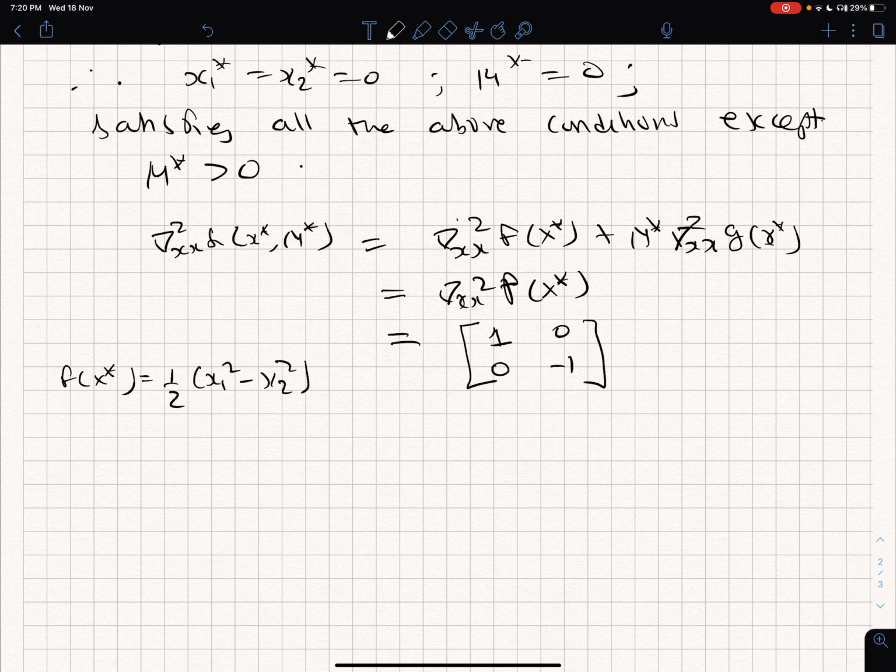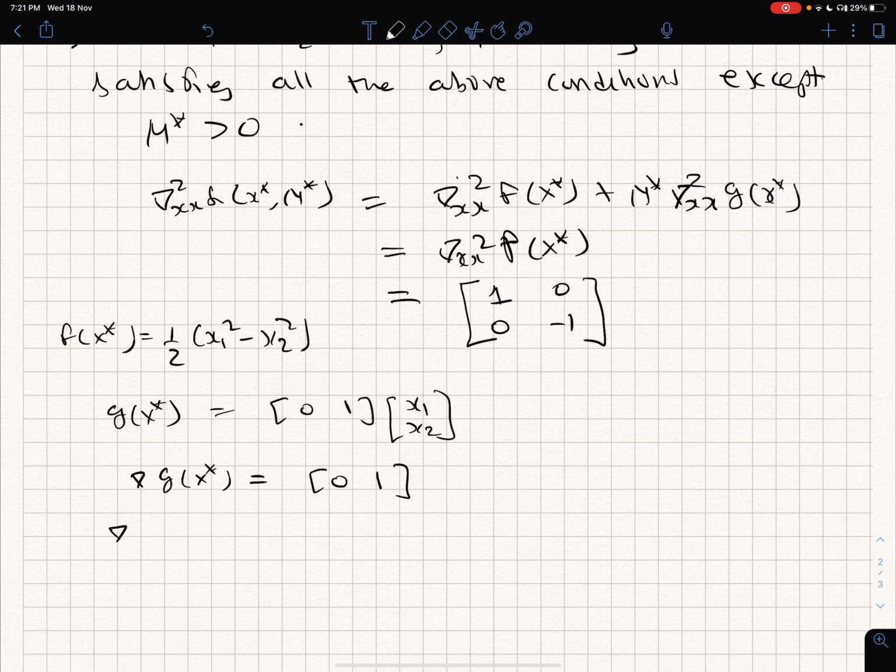So now your g of x star, this is the active constraint, is 0 1 times x1 x2. So therefore gradient of g of x star is 0 1.